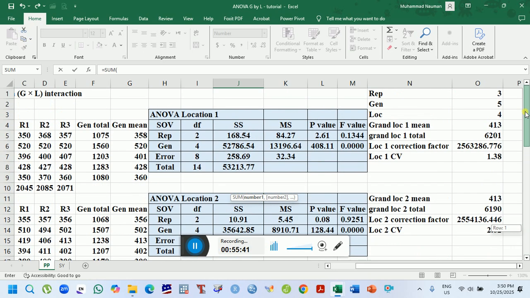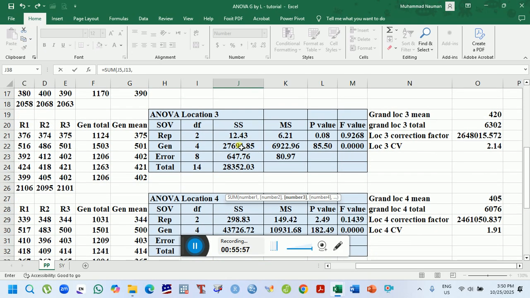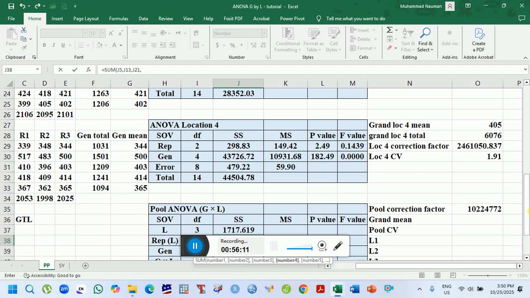Make the selection from location 1 rep sum of square, comma, location 2 rep sum of square, comma, location 3 rep sum of square, comma, and then location 4 rep sum of square. Enter.